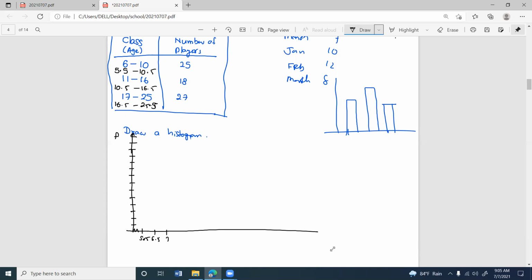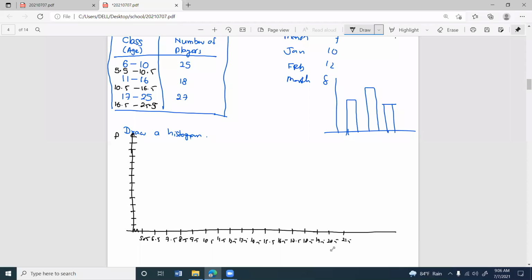6.5, 7.5, 8.5, 9.5, 10.5, 11.5, 12.5, 13.5, 14.5, 15.5, 16.5, 17.5, 18.5, 19.5, 20.5, 21.5, 22.5, 23.5, 24.5, 25.5.